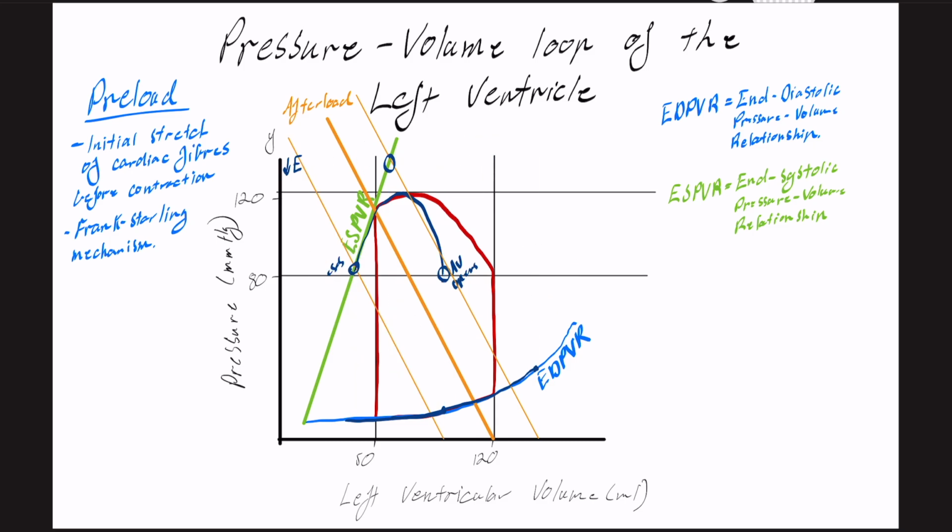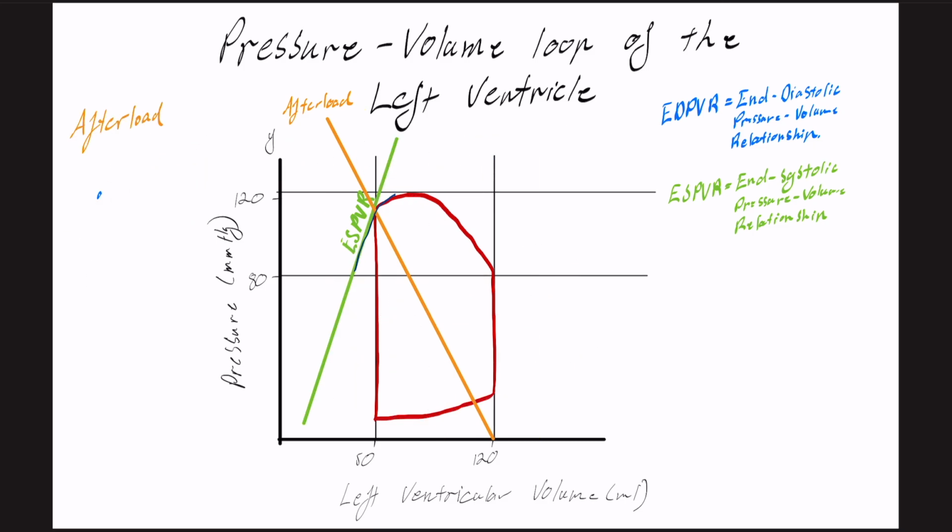So let's talk about afterload now. Before, I mentioned that if the lines are parallel for afterload, then afterload is unchanged. But really, when we talk about this graph and afterload changing, what we're talking about is the angle of those lines. As the angle becomes less steep, our total peripheral resistance is decreased, so the resistance that our ventricle has to pump against is less.